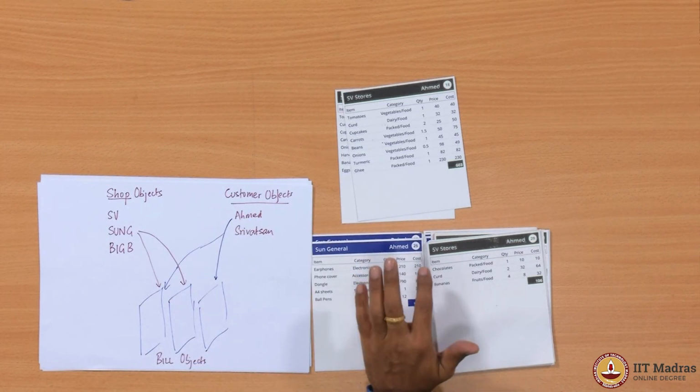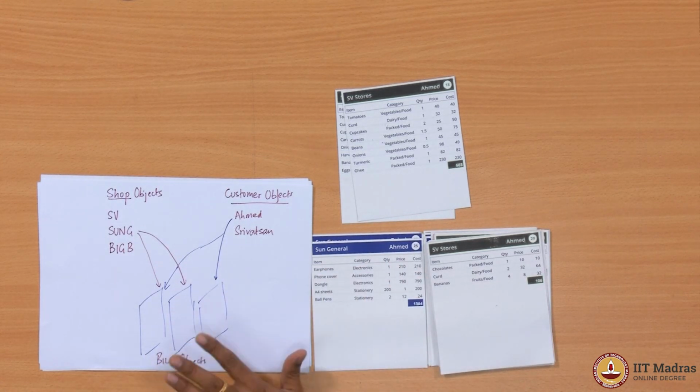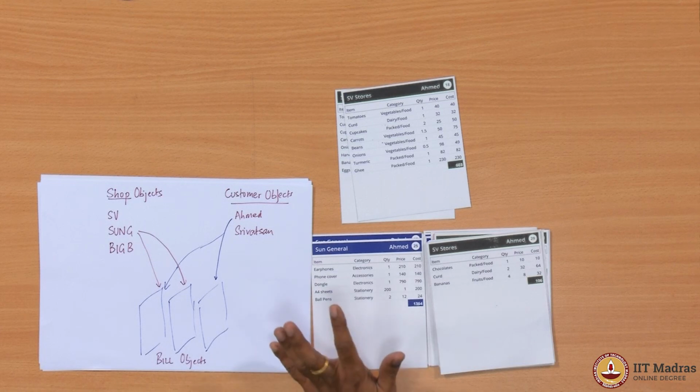Similarly, Sun General, the object, has its own contract with bill objects to get whatever it needs to do its work. So the access to the data that the object needs is extremely well defined now, and under control. You can decide what information you give and what information you don't give.